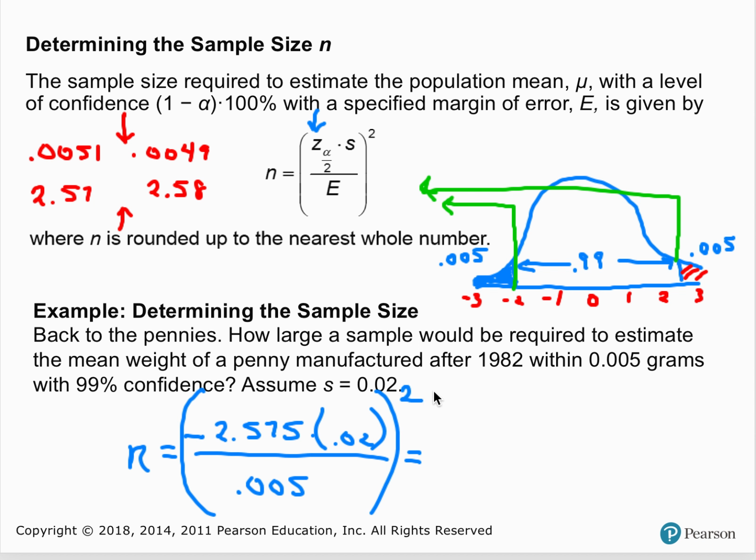All right, so 106.09, and because we round up, I would need N to be 107 if I did not meet those requirements of it being shaped without being skewed right or left and no outliers. Okay?